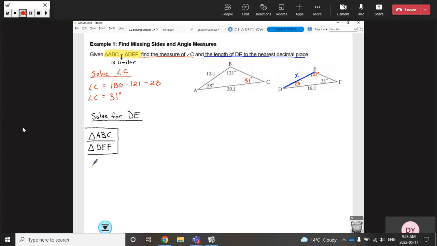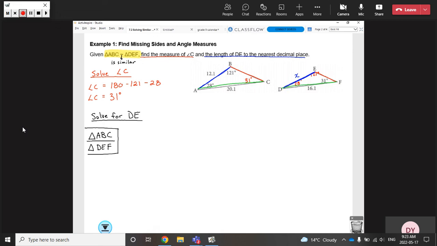So this is where maybe a highlighter can come in handy, or a different color. Because if we're looking at side length AB, we know that that's going to correspond with DE. And then BC corresponds with EF. And then CA corresponds with FD.